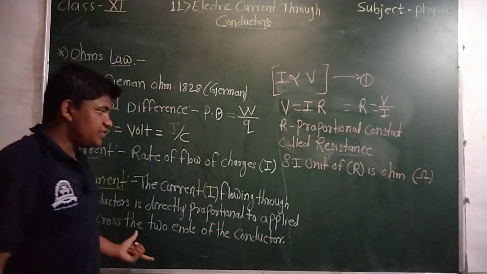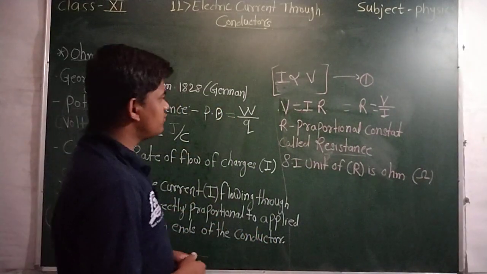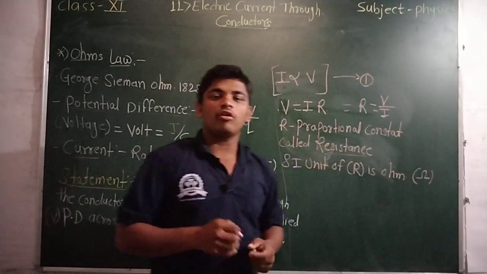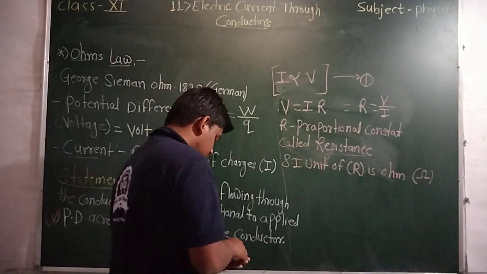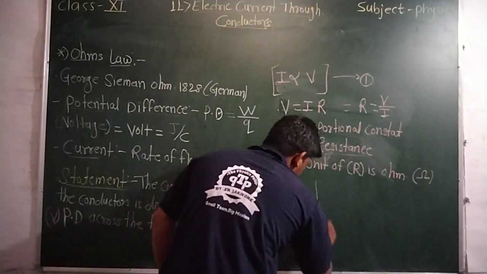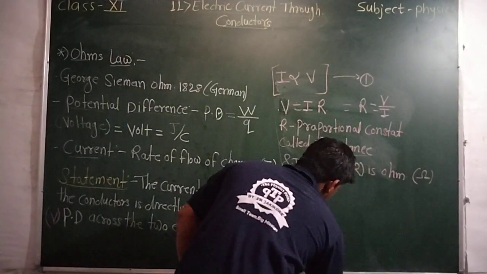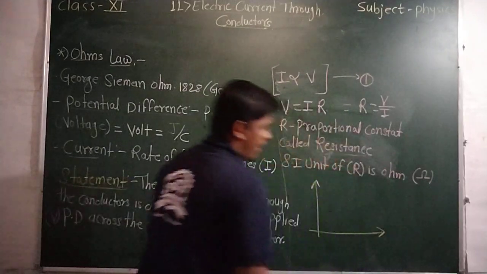But this is the theoretical part. To explain Ohm's law, we can use a graphical representation with two axes, a y-axis and an x-axis.